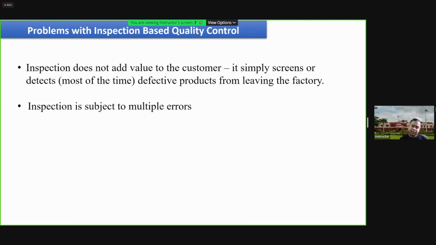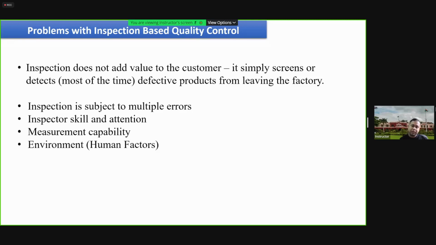There can be multiple errors. The instrument also might not work properly, might not be calibrated properly every time. So measurement capability, and environmental or human factors, also matter. After continuously working at a place, there might be certain disturbances at that end, and that will lead to errors.